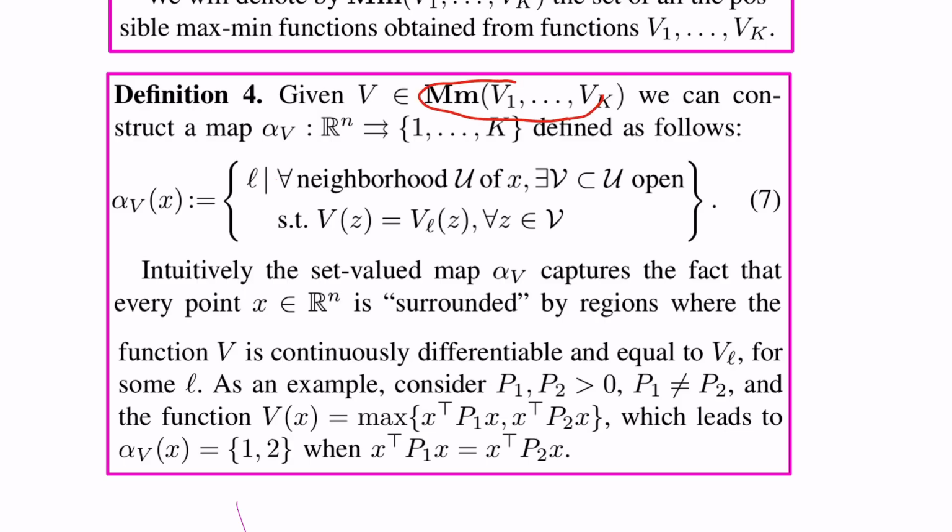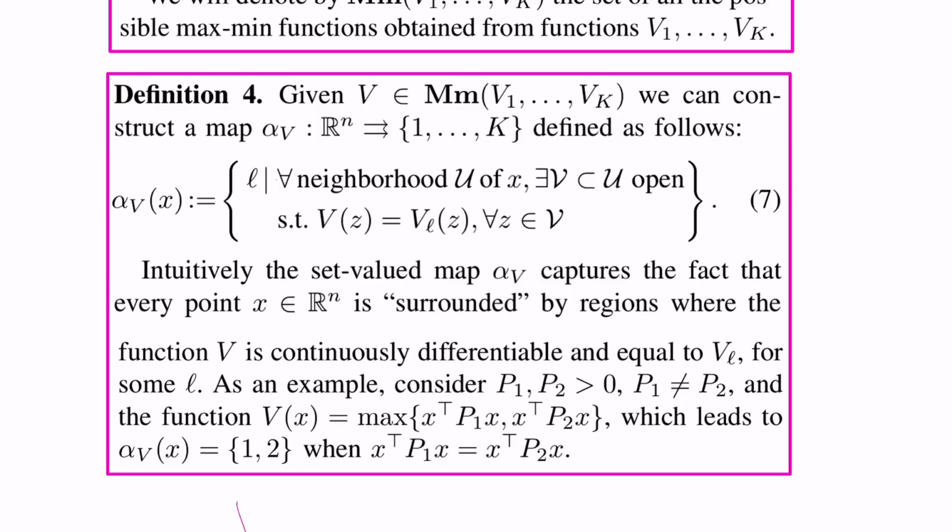So V is a MaxMin function, and probably the correct way of saying it is defined by those basis functions. All right, now let's move on.